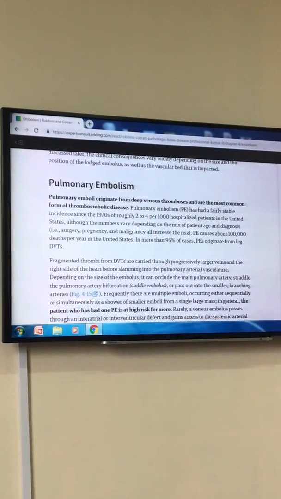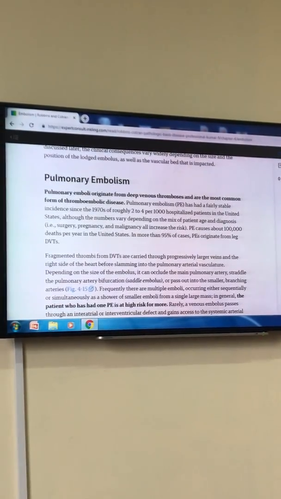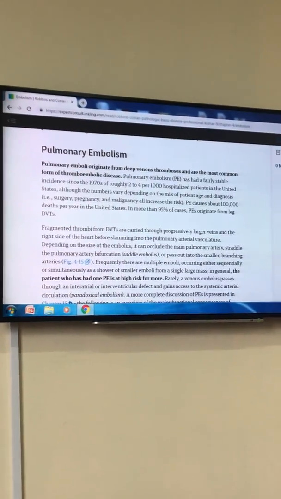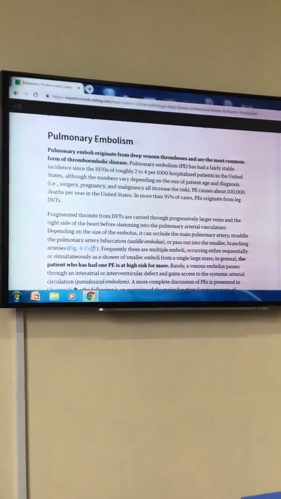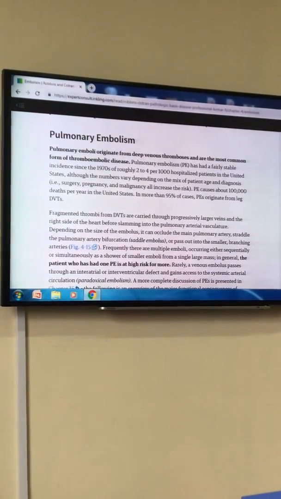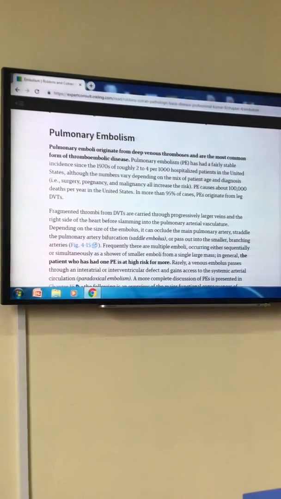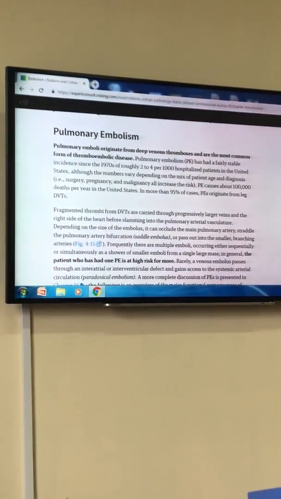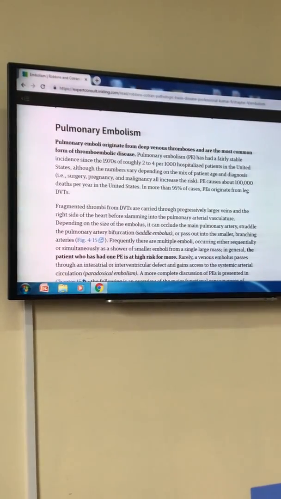So the most common type of embolism is pulmonary embolism. And most commonly, this pulmonary embolism is due to deep venous thrombosis. As I told you, venous thrombosis is most commonly developed in veins of legs. And most importantly, in deep veins of legs.